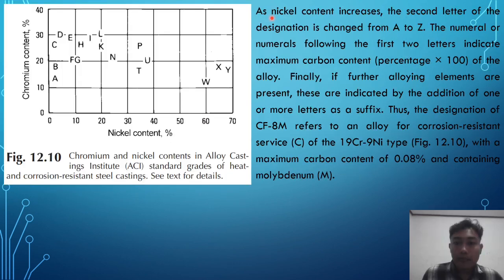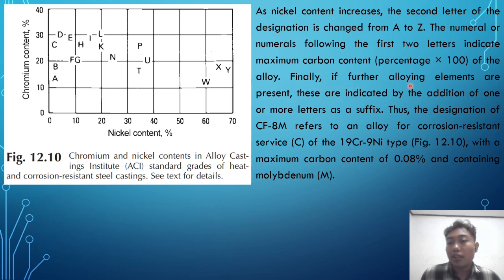As nickel content increases, the second letter of the designation changes from A to Z. The numeral or numerals following the first two letters indicate maximum carbon content times 100 of the alloy.